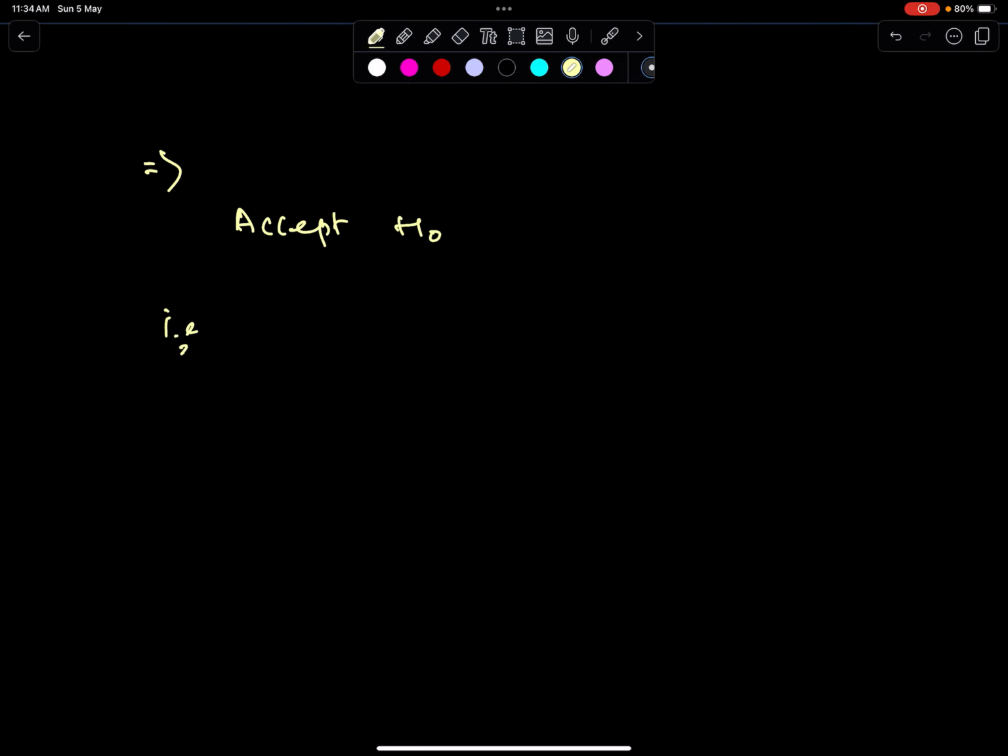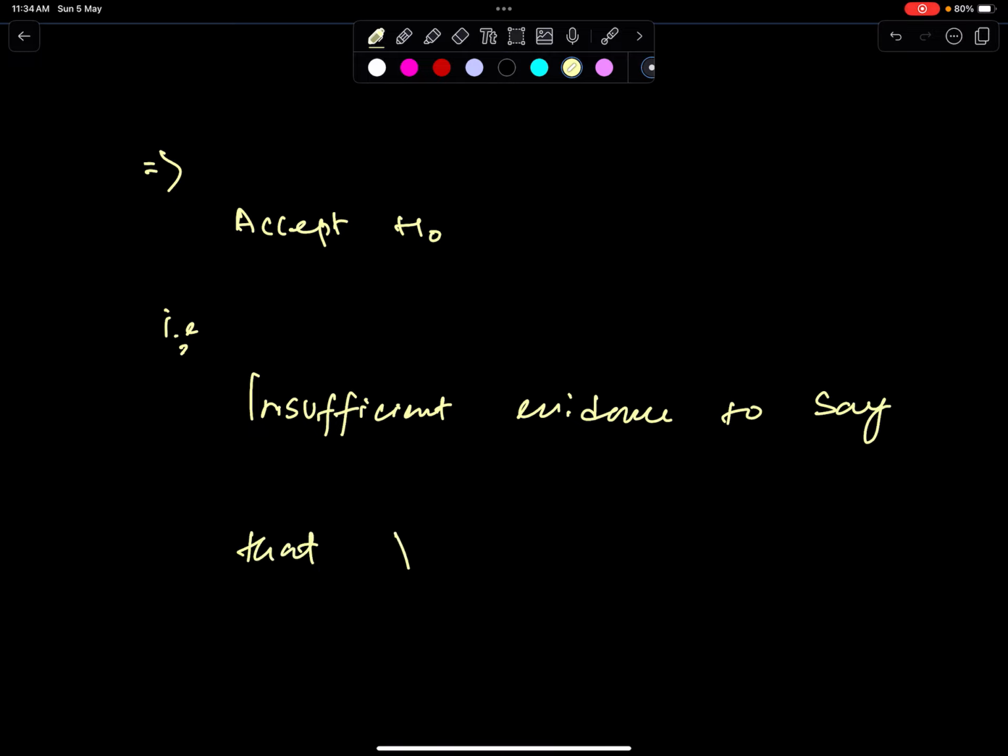That is, insufficient evidence to say that lambda, or you can say mean, had decreased.